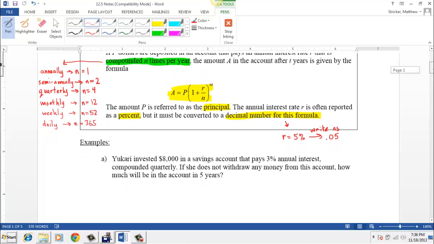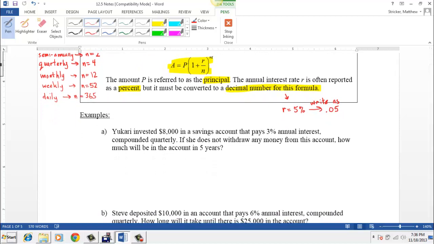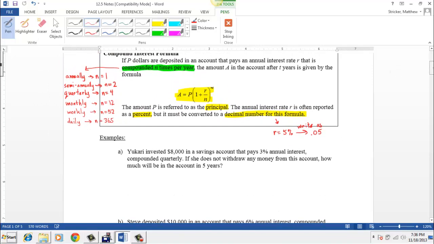So if we write down, first of all, what we know, or what we're given in the problem, we're given quite a few things. It says that she invested $8,000. Well, that's the principal, that's the initial investment.